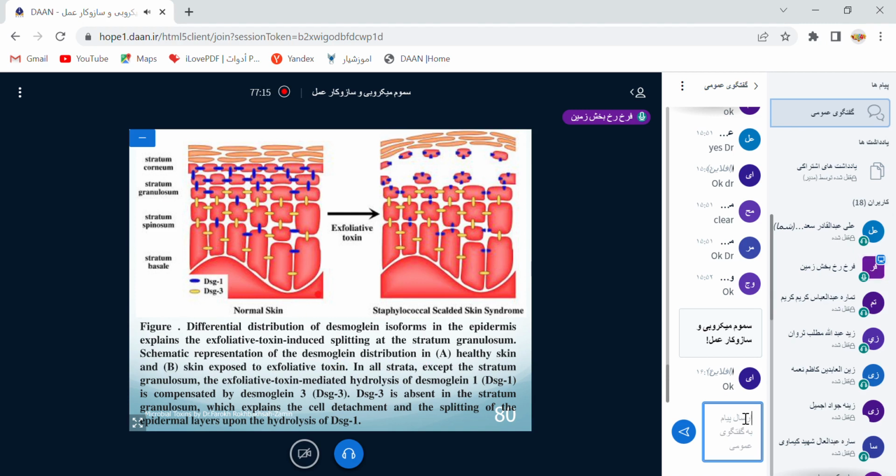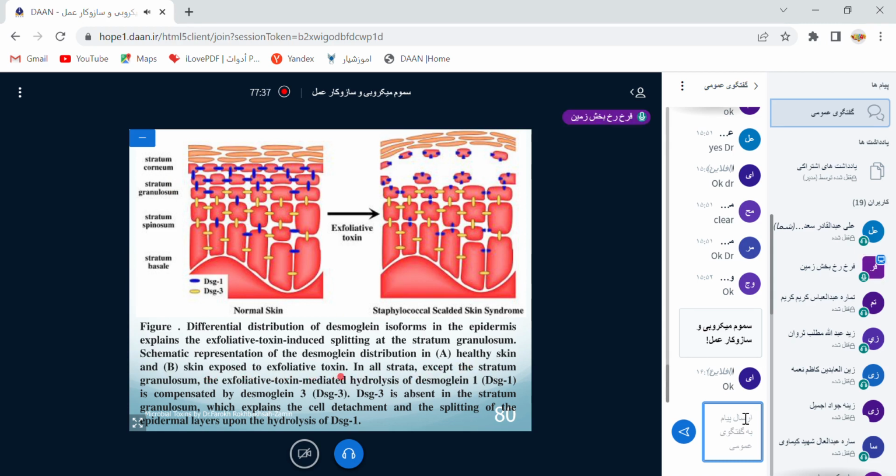In A, you can see the normal case in healthy skin, and B, skin exposed to exfoliative toxin, affected, and the bonds between stratum granulosum cells are disrupted.